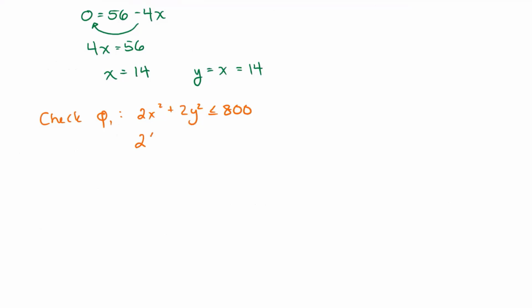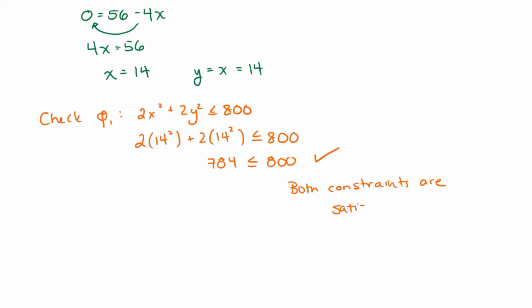So I have 2 times my x value of 14 squared plus 2 times my y value of 14 squared is less than or equal to 800. This gives me 784, which is indeed less than 800. So both constraints are satisfied.